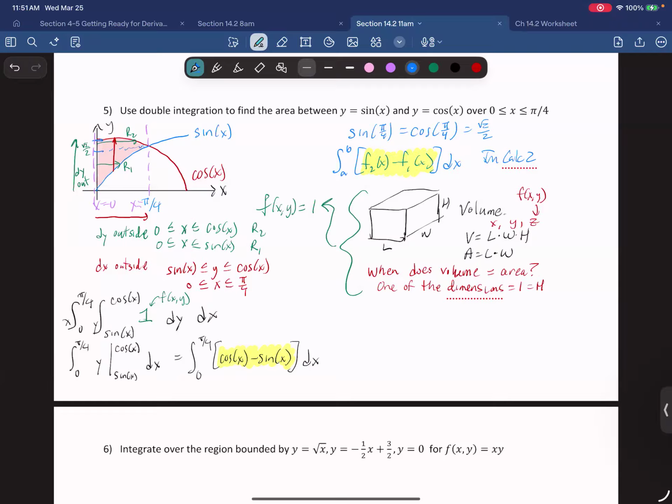The integral of cosine x is sine x, and the integral of negative sine x is positive cosine x. So I have sine of pi over 4 plus cosine of pi over 4 minus sine of 0 plus cosine of 0.